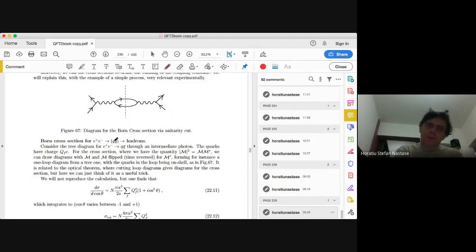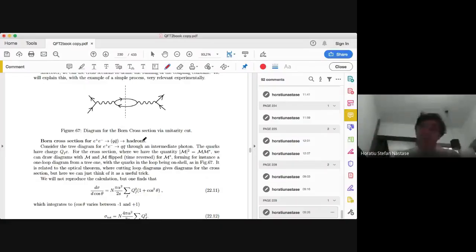So this process of quark-antiquark going to hadrons, or hadronization, is complicated, something that we cannot describe in perturbation theory. One usually uses a combination of some lattice and some experiments to define how that works.